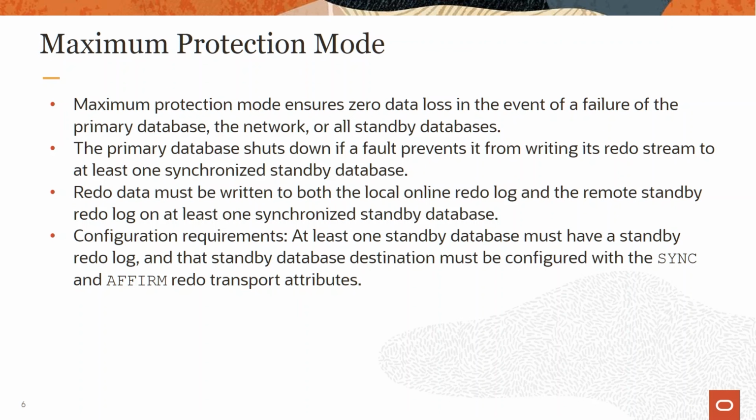That's what we saw. The primary database shuts down if a fault prevents it from writing its redo stream to at least one synchronized standby database. So as long as you have one synchronized standby database, it will not happen this way.